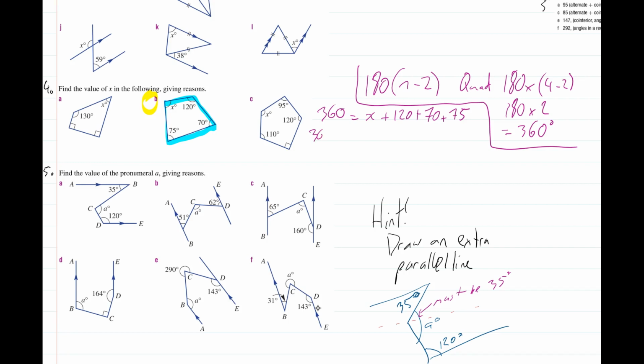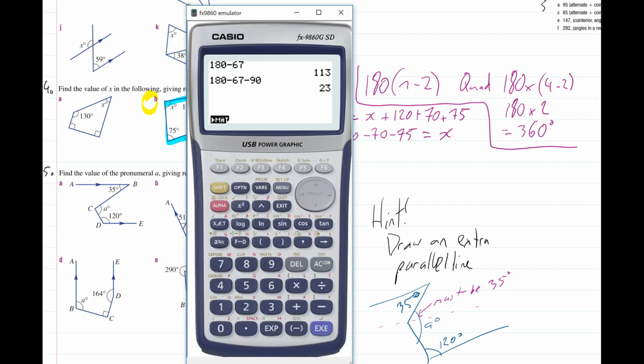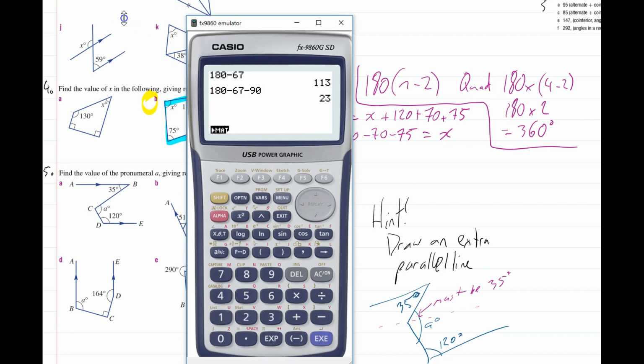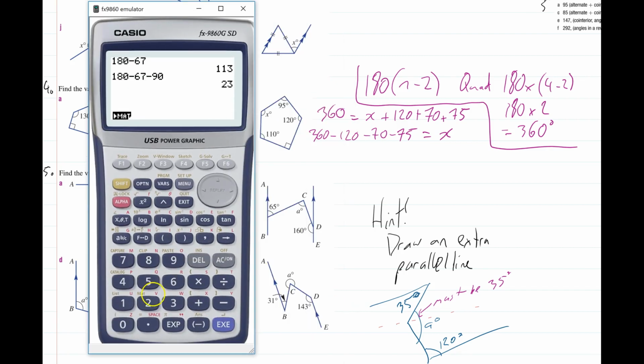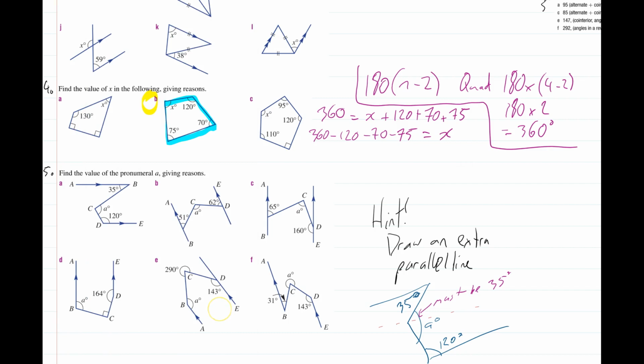So if I do 360, take 120, take 70, take 75, I'll be left with x. Let's chuck it in. 360, take 120, take 70, take 75 is 95. So therefore, x must be 95 degrees.